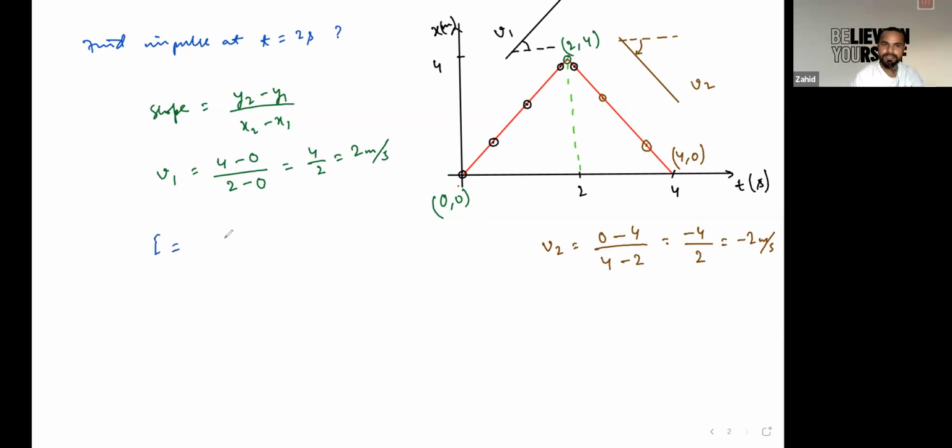Now, impulse is nothing but change in linear momentum, so it would be mass times (V final minus V initial). V final is V2 and V initial is V1. On putting these two values, you will get m times (minus 2 minus 2), which becomes minus 4m.